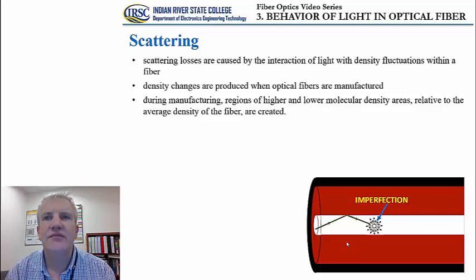So when the light travels through the fiber, it's going to start interacting with these different density areas shown in the picture, and when the light hits these higher or lower density small impurities, it is going to be scattered in all directions, and that's going to cause the loss of a certain power of a signal being transmitted along the optical fiber.